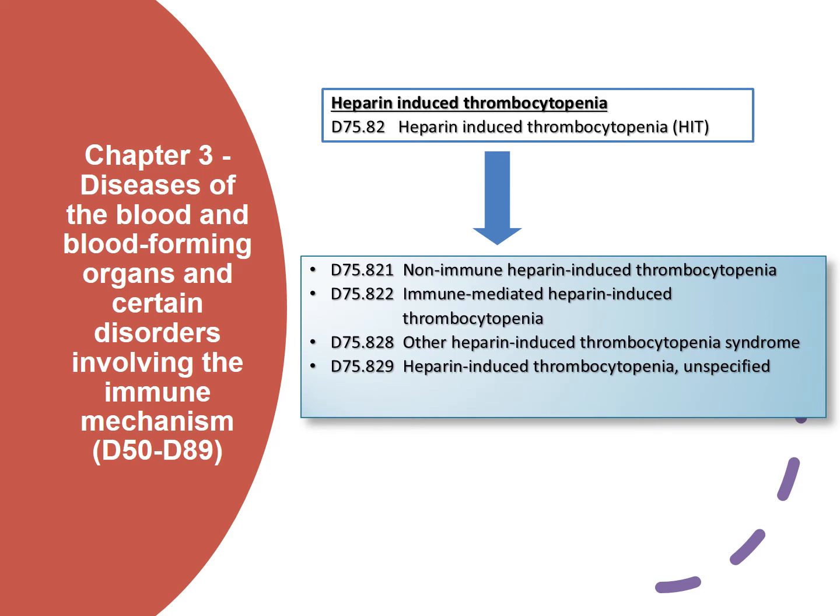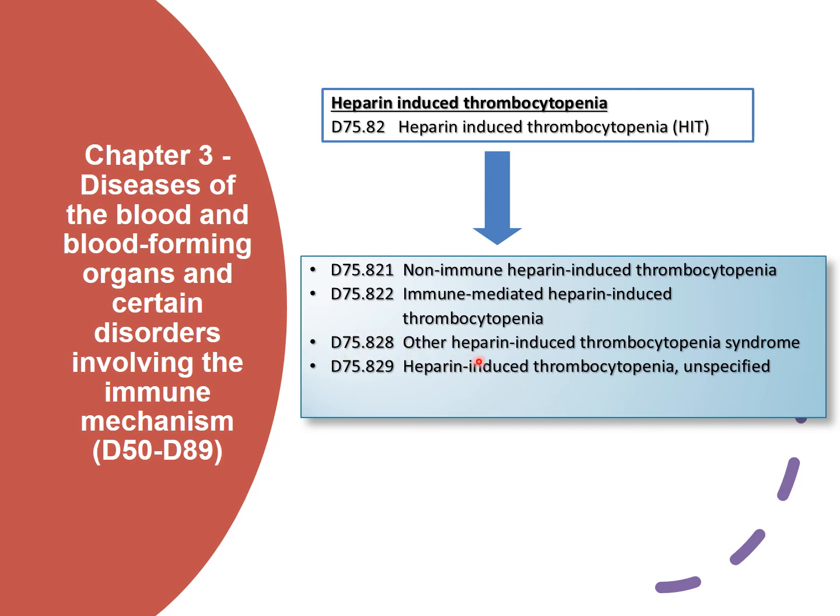Coming to the codes, D75.2. This was the only code for heparin-induced thrombocytopenia. In 2023, there are 4 codes. D75.821, non-immune heparin-induced thrombocytopenia. D75.822, immune-mediated heparin-induced thrombocytopenia.